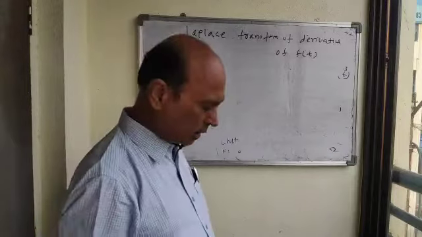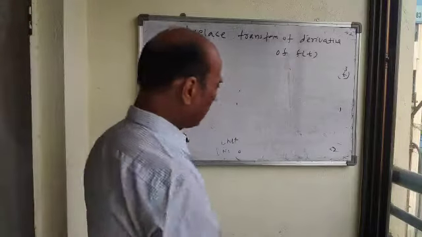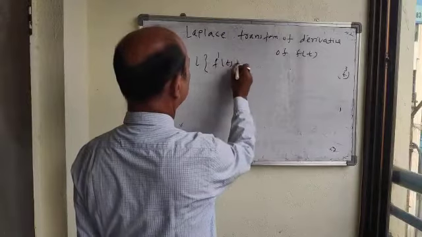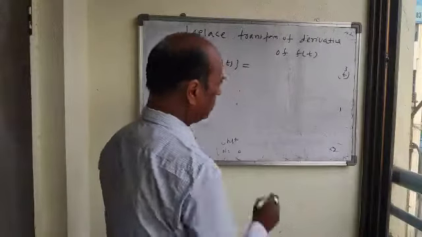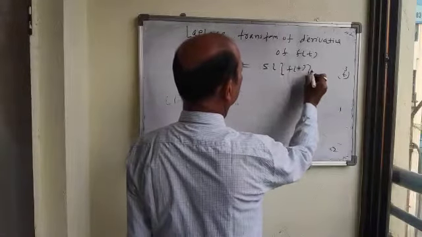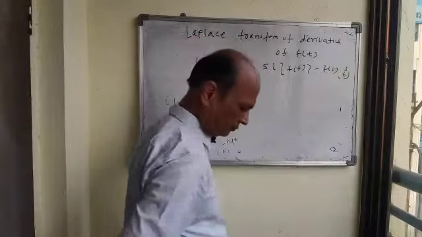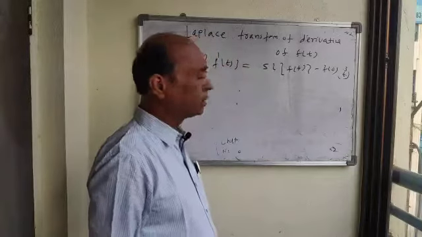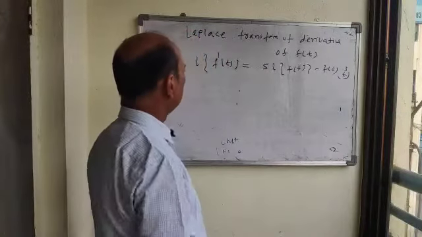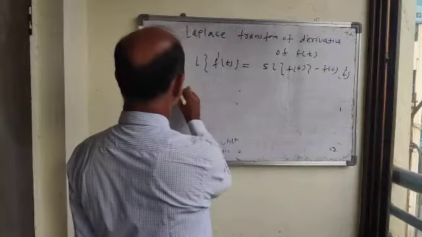The result is L of f dash of t is equal to s L of f of t minus f of 0. Let us see the proof for this.